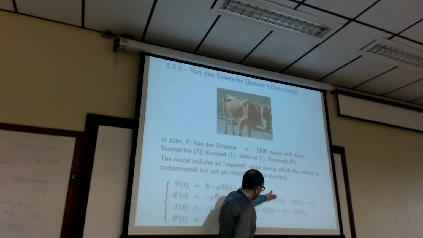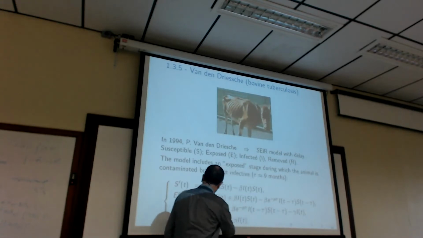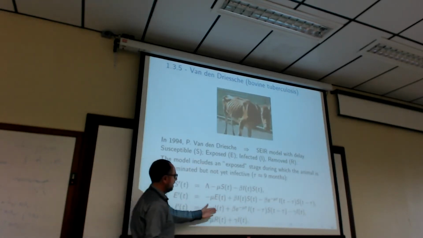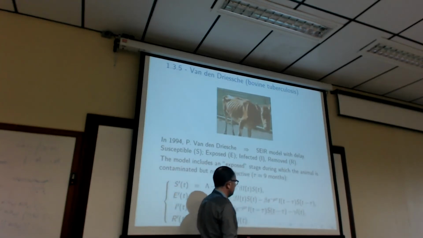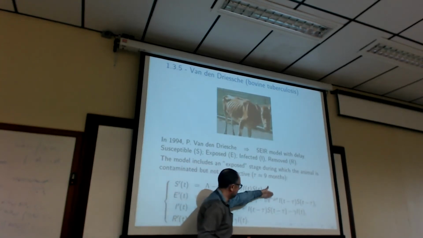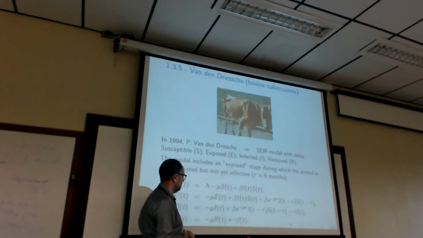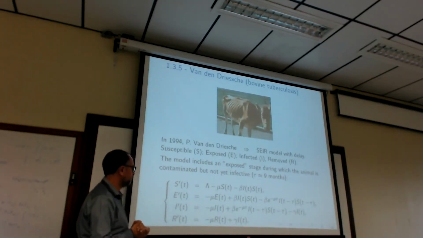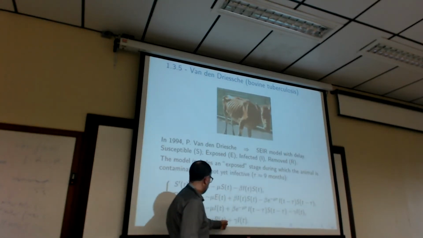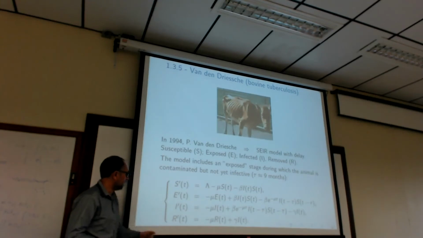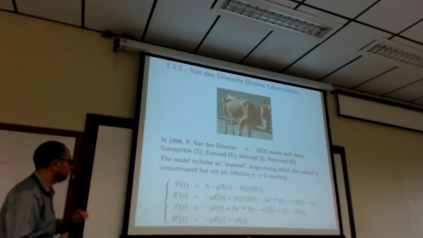Then we take them from here to put them in, because they become infected. This is why we have this flux from exposed to infected population. And this is the removed population that goes to the compartment R.